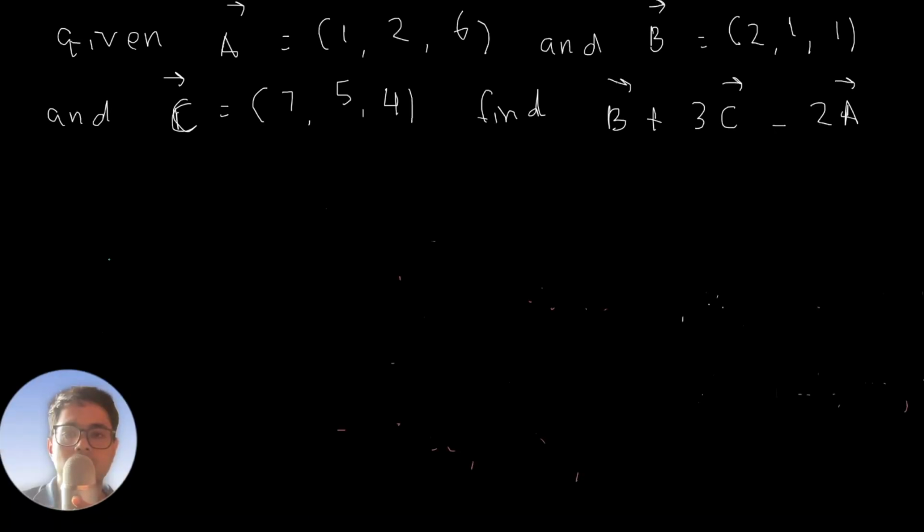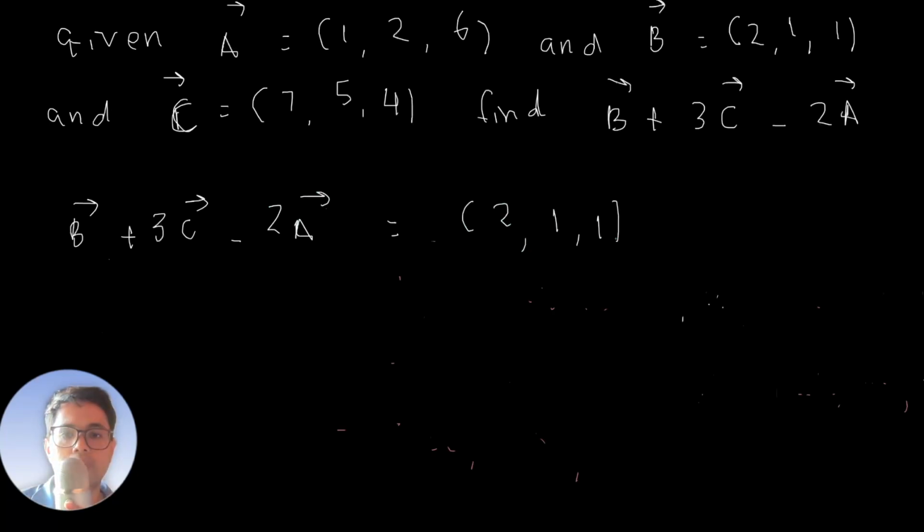Given vectors A, B and C, find B plus 3C minus 2A. B plus 3C minus 2A is equal to 2, 1, 1 plus 3 multiplied by 7, 5, 4 minus 2 times A, which is 1, 2, 6.